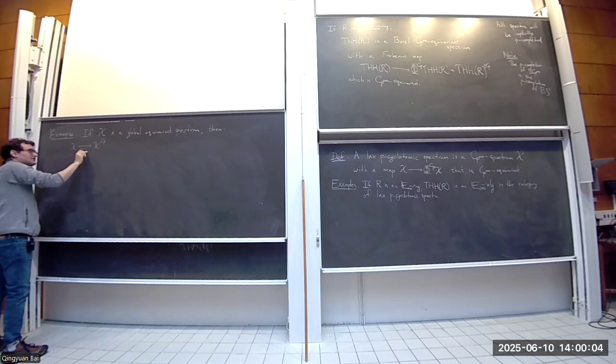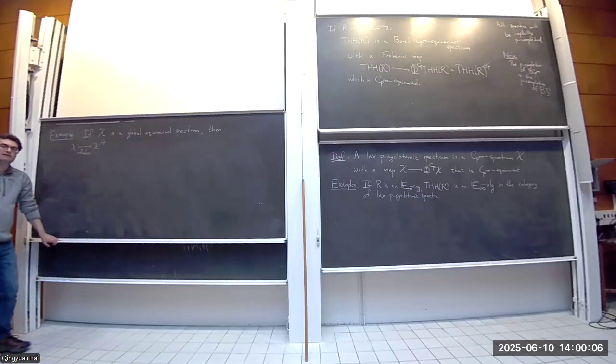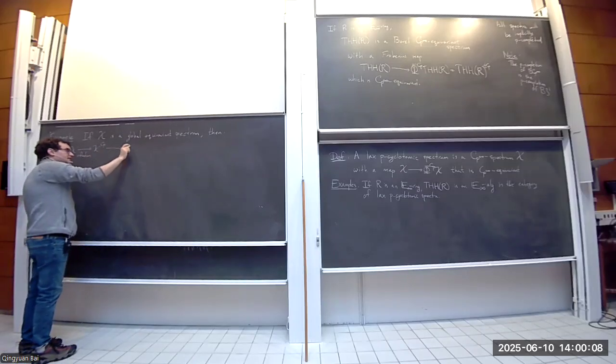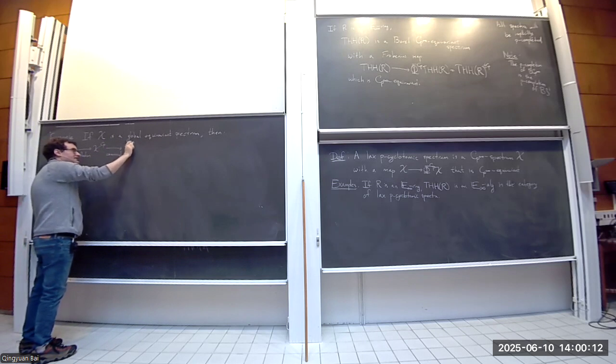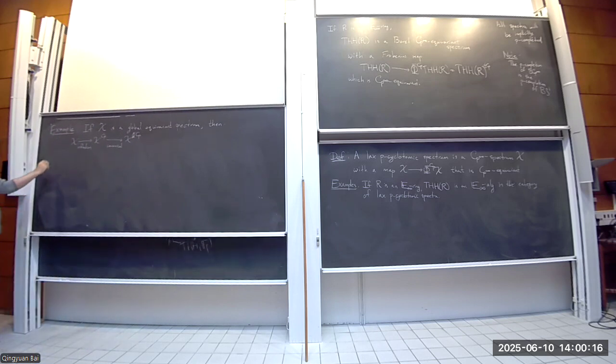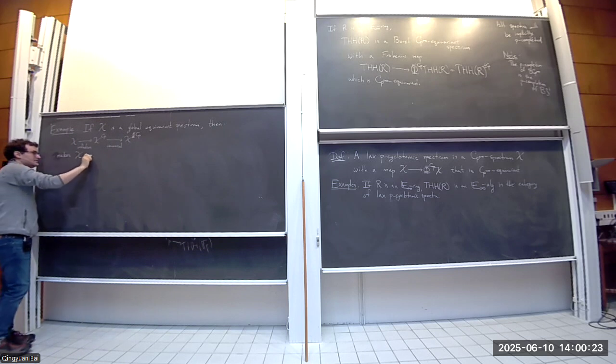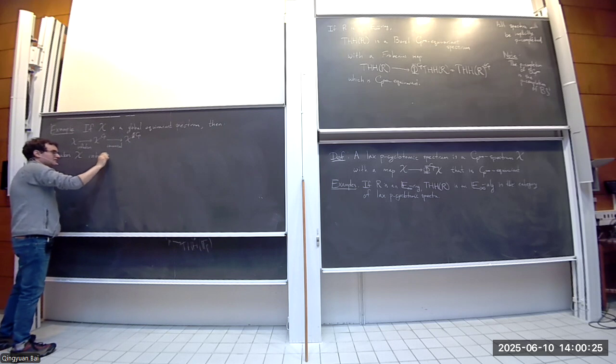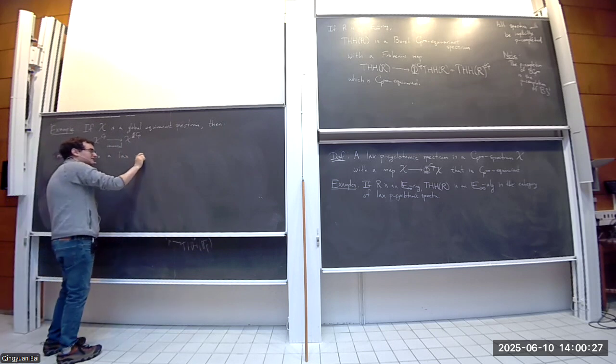It's part of the so-called global structure. And I can compose with the canonical map that exists always from genuine fixed points to geometric fixed points. And this makes X into a lax cyclotomic spectrum.